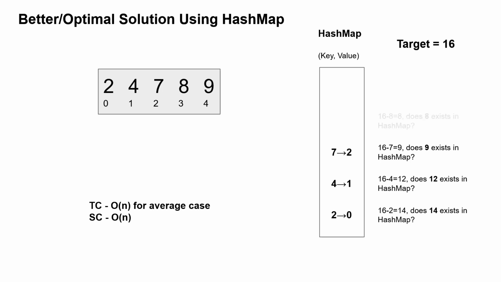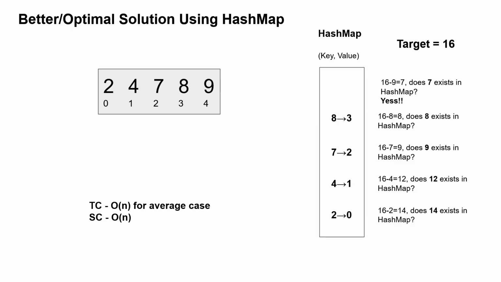So we will continue till 8, again it's the same process. Then 9. For 9 we can see that 16 minus 9 is equal to 7. So does 7 exist in the hash map? Yes, it does. So we will return the ith index and the index at which 7 is present, that is 2. We will extract it from the hash map and then we will return it as our resultant array.